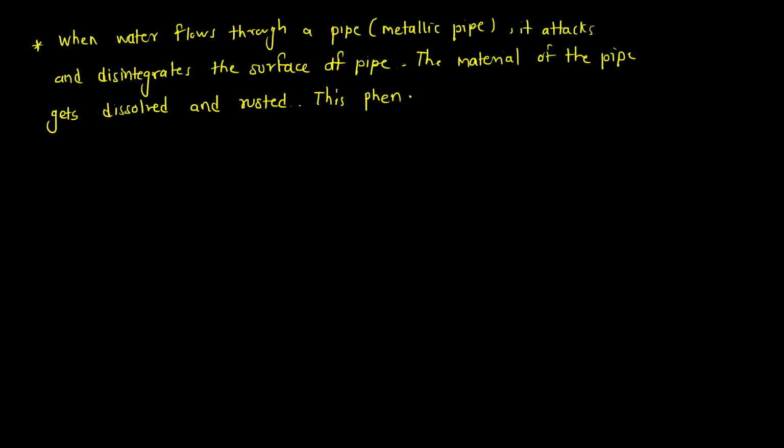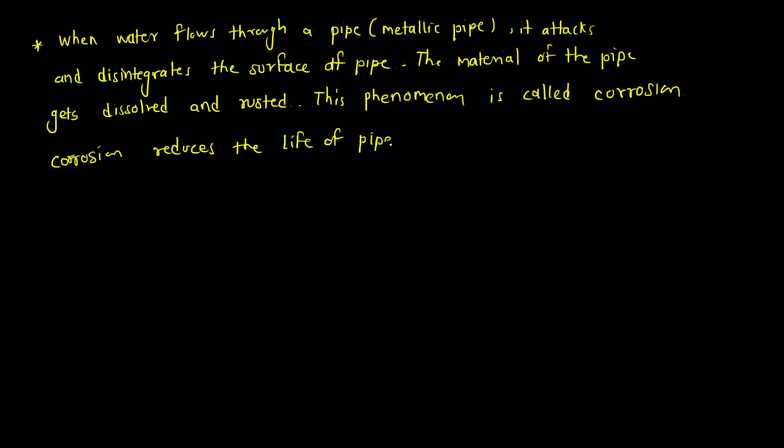This phenomenon is called corrosion. Okay. So what happens due to corrosion? Corrosion reduces the life of pipes. As it is disintegrating the surface, that means the pipe is going to expire quickly.